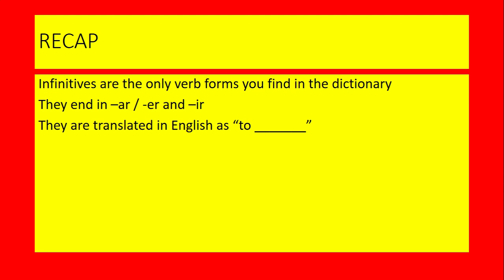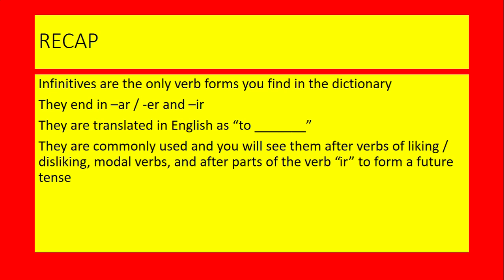There's quite a few ER verbs, but very few IR verbs. You'll commonly see an infinitive after verbs of liking, disliking, after modal verbs, and modal verbs are the verbs can, must and want, and you'll also find them with the future tense after the verb ir.